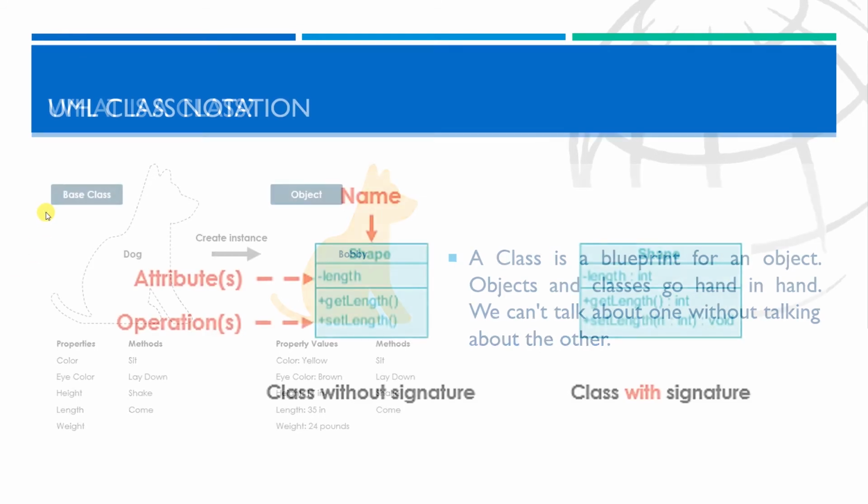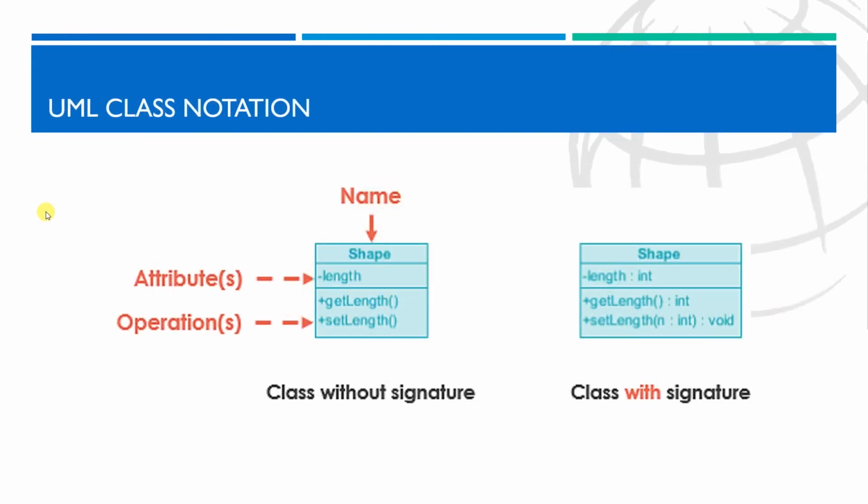Now for the UML class notation, we need to know that a class represents a concept which encapsulates state, that means attributes, and behavior, or operations. Each attribute has a type and each operation has a signature.